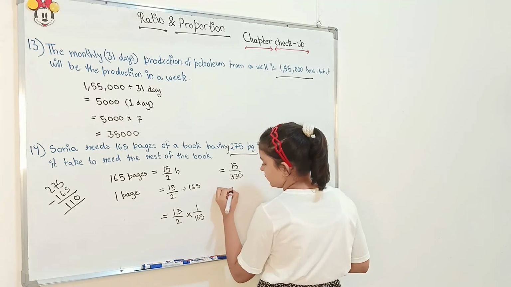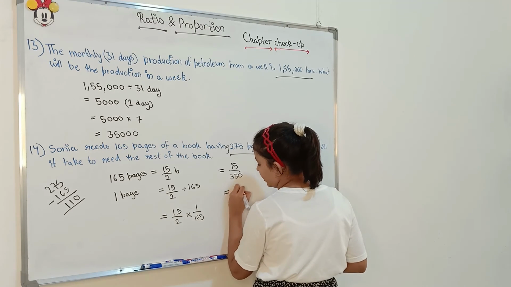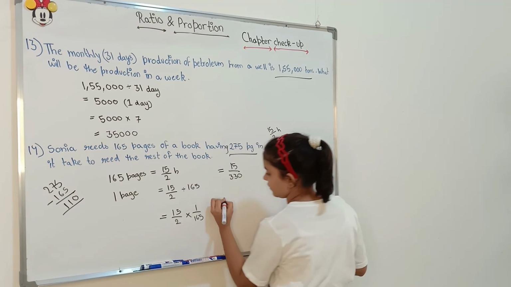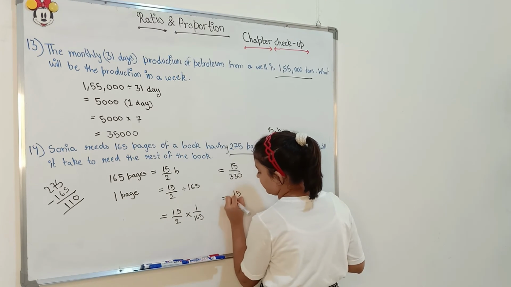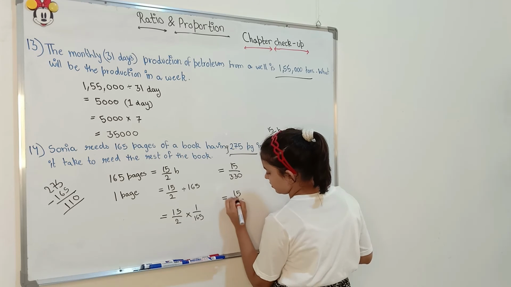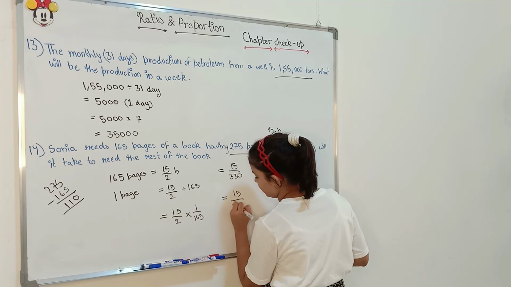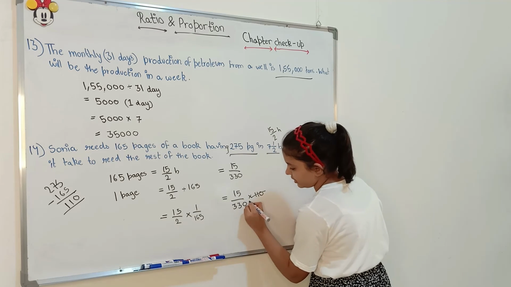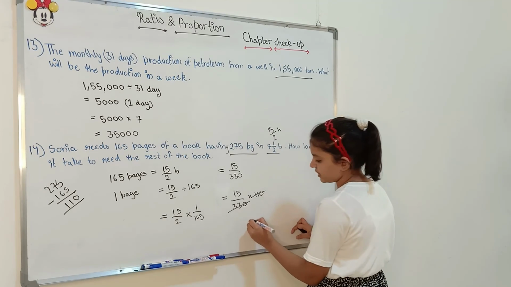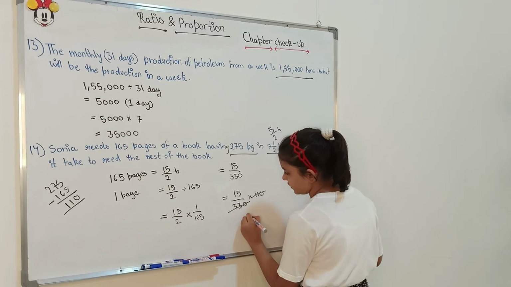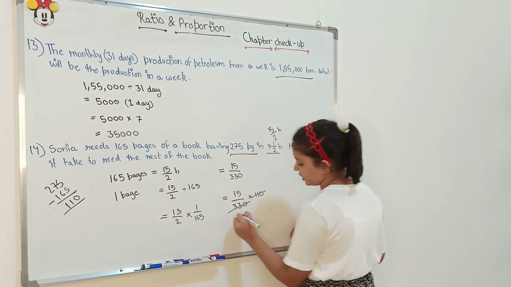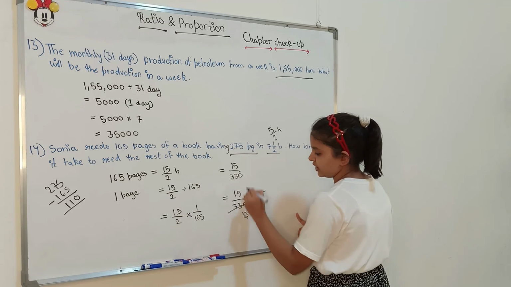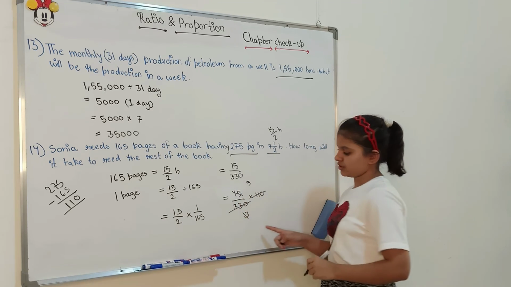So we will write this as 15 by 330 into 110. So we'll cut the 0, so we can do it like this. 110 times 3 is 330. So now 3 5s are 15. So 15 also cut. So these two 5s are left.